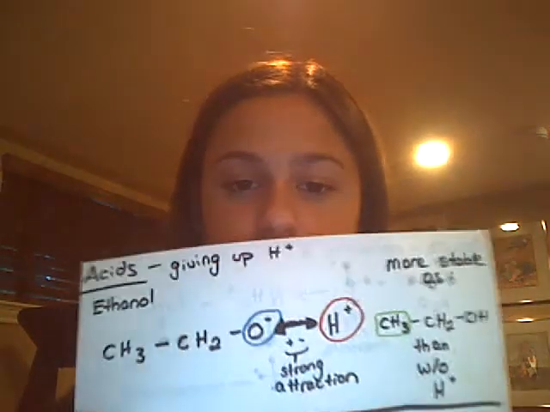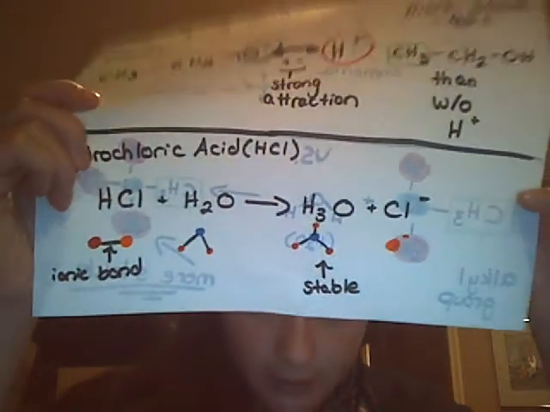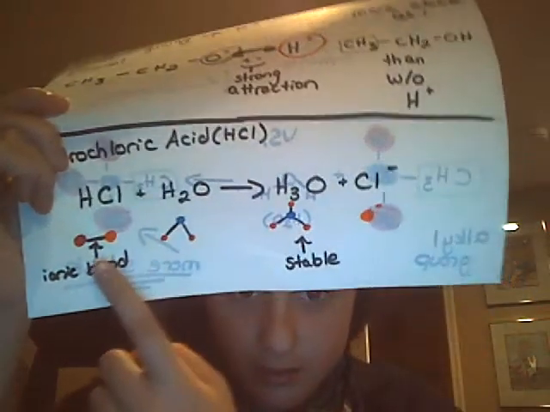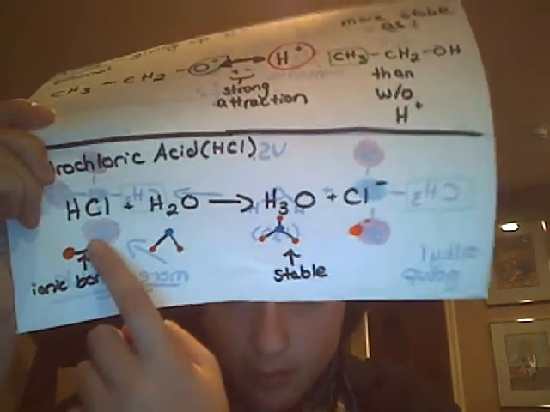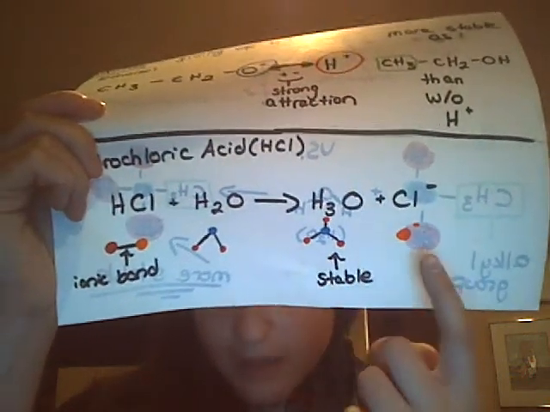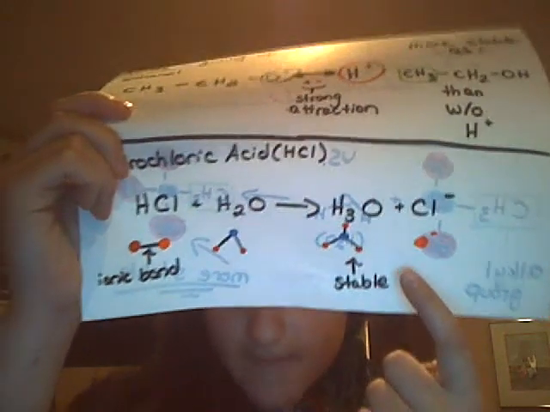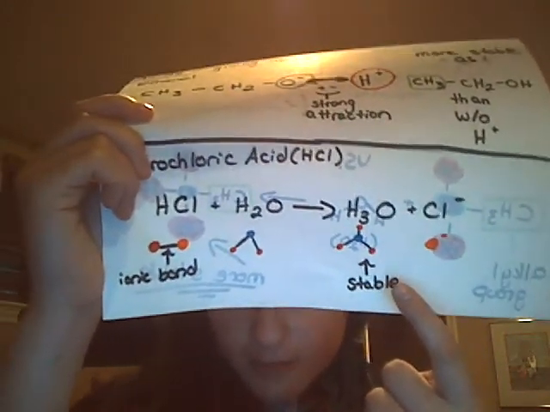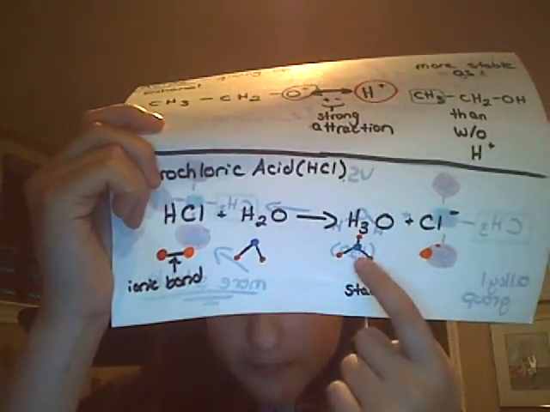On the other hand, we have a very strong acid, which is hydrochloric acid. Now, hydrochloric acid, you can see it's an ionic compound here. And combined with H2O, it forms H3O and Cl negative, which is an ion. Now, Cl negative is an ion and it's not super stable by itself. H3O is very stable.